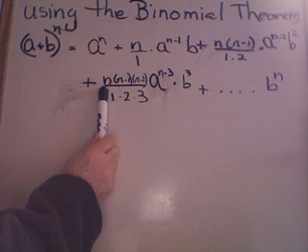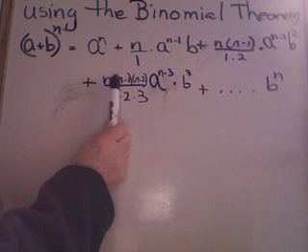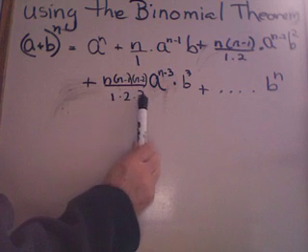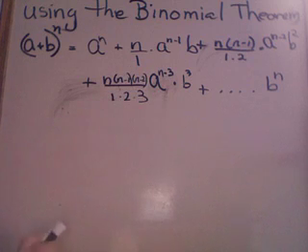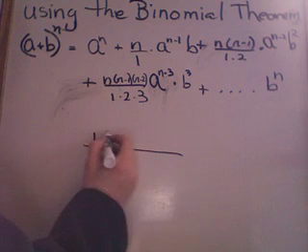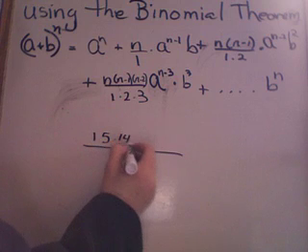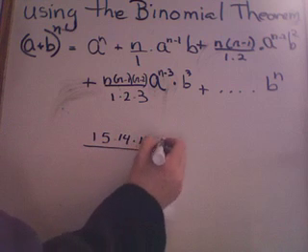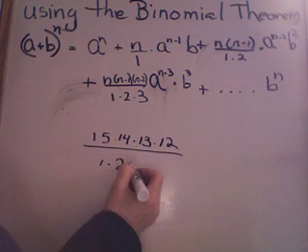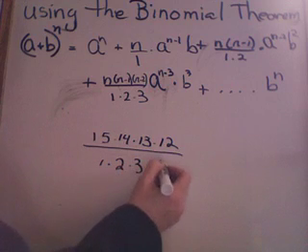This, if we were using 15, 14, 13, over 1 times 2 times 3. Do you know what the next one would be if we were using 15? It would be 15, 14, 13, 12 over 1 times 2 times 3 times 4.